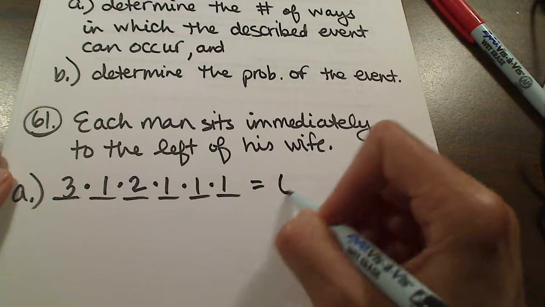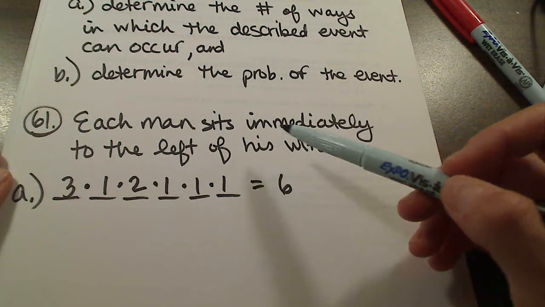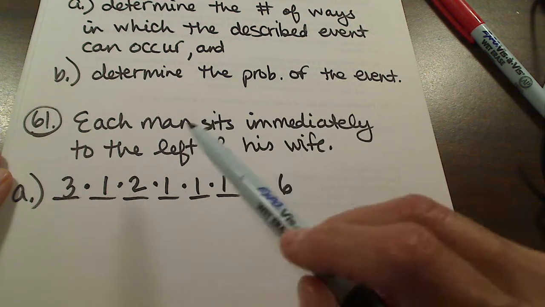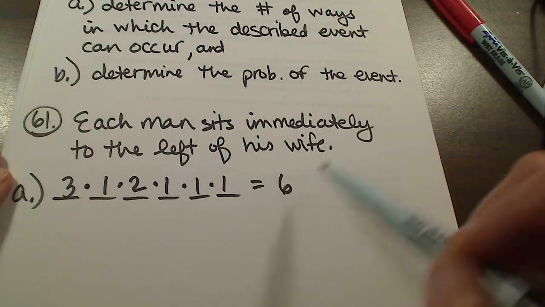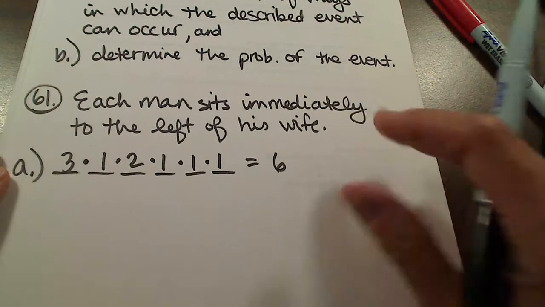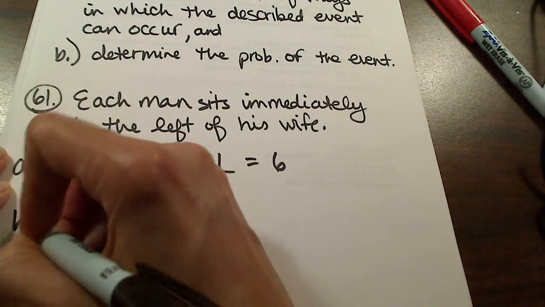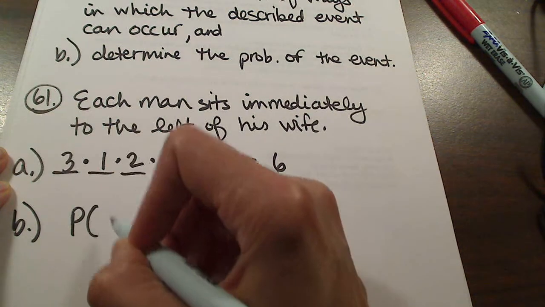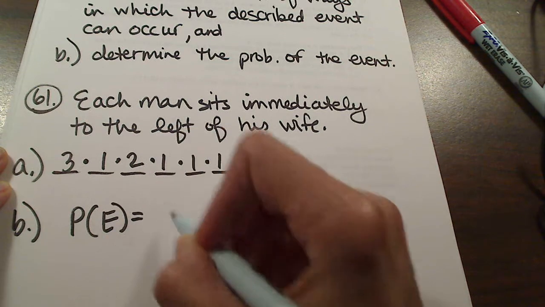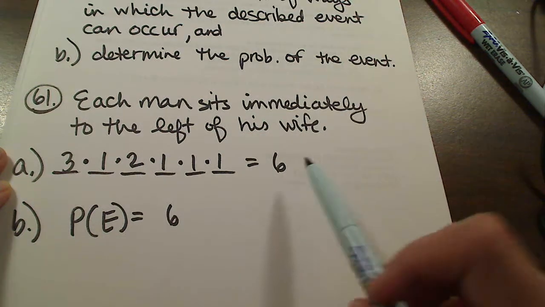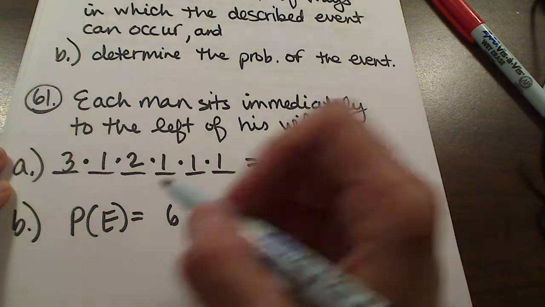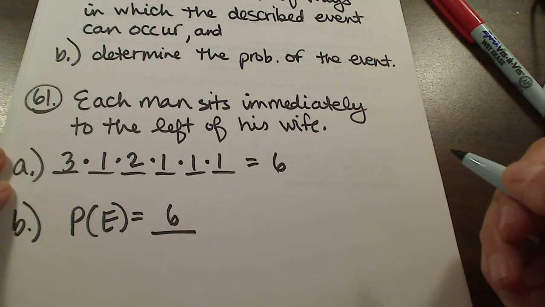So there's 6 different ways that each man sits immediately to the left of his wife. If we wanted to talk about the probability, that's part B of this problem. The probability of this event would be the desired outcome, which is 6, we've already calculated, over the total number of possible outcomes.